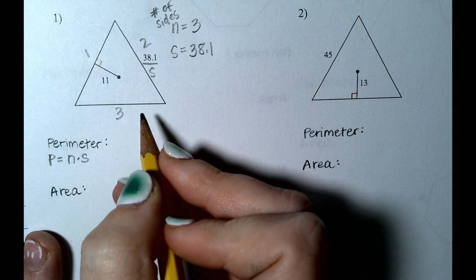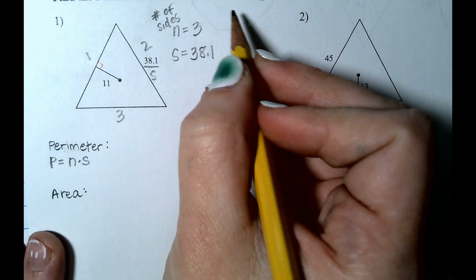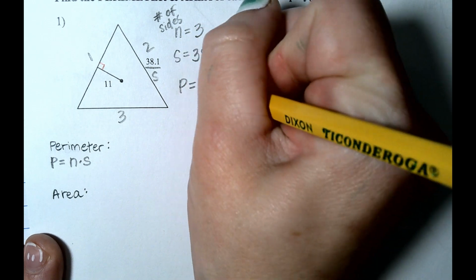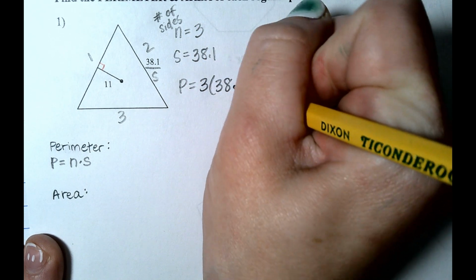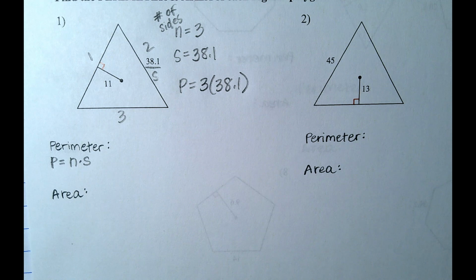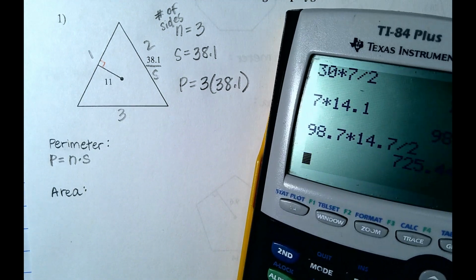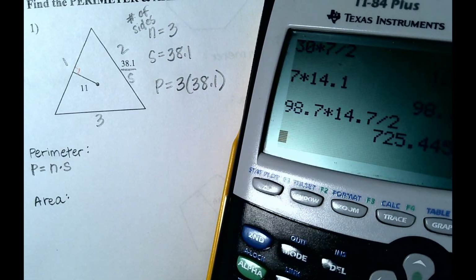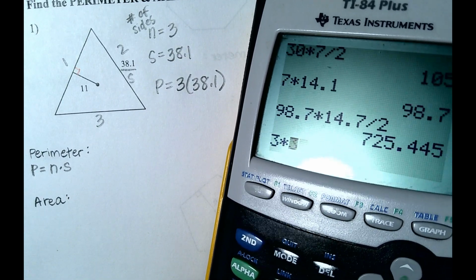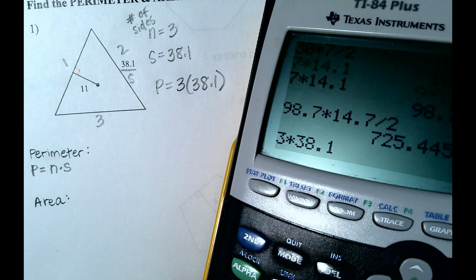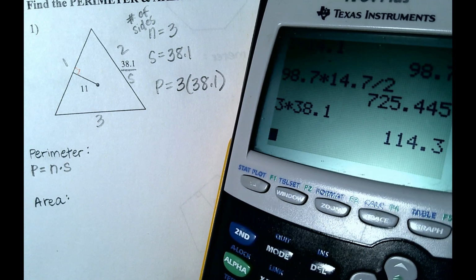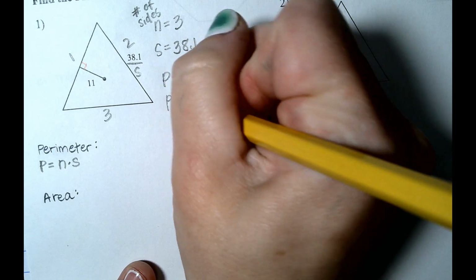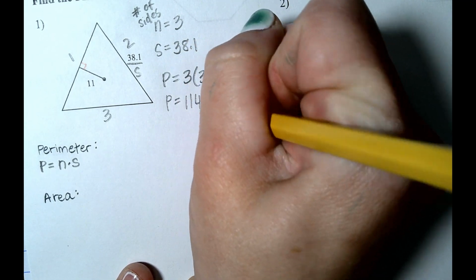So to find the perimeter, we're going to use 3 times 38.1. I'm going to type it in just to be certain. Ah, gotcha, 114. So 3 times 38.1 equals 114.3. Good. So P equals 114.3.